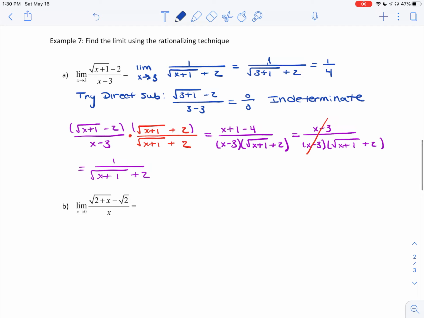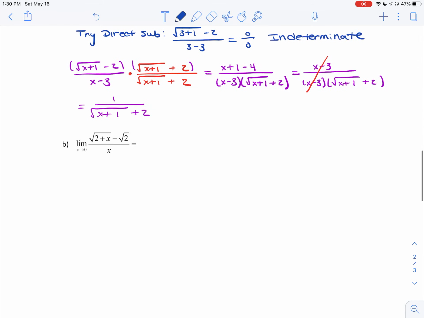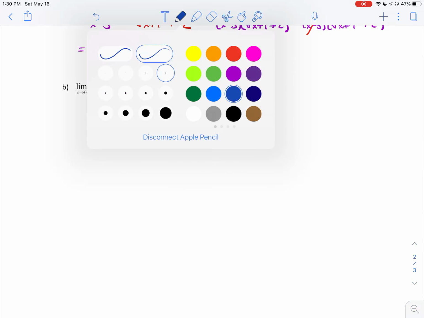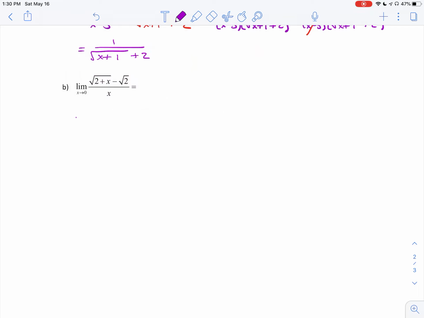Let's go ahead and look at one more of these. I'm going to skip over it, but again, if you were to try direct substitution right from the beginning, you would get 0 over 0, which is indeterminate. I'm just going to jump straight to simplifying. All right, so once again, our radicals are in the numerator.